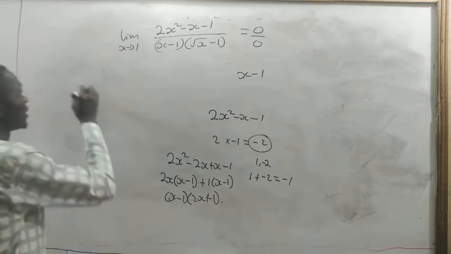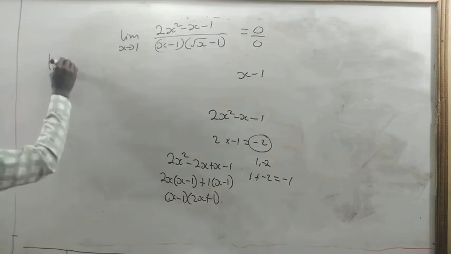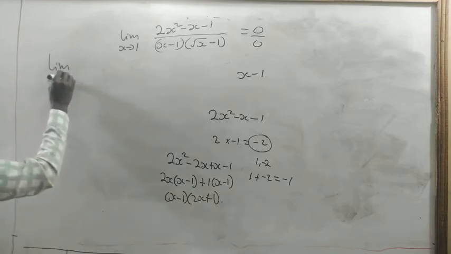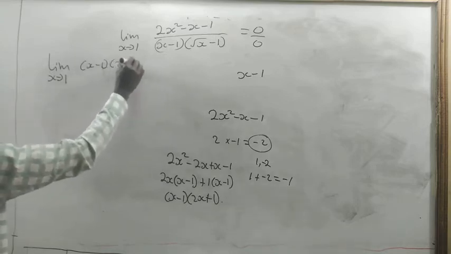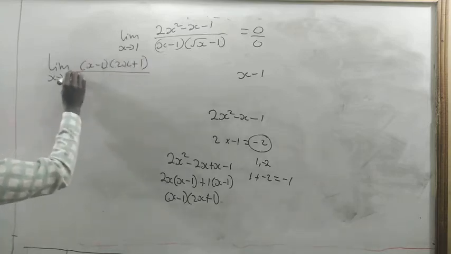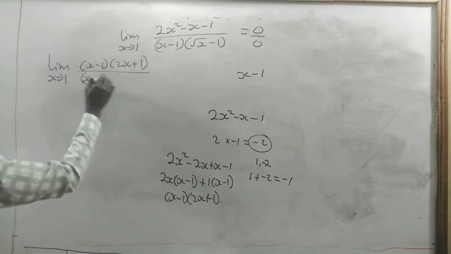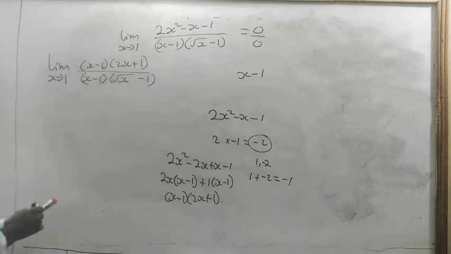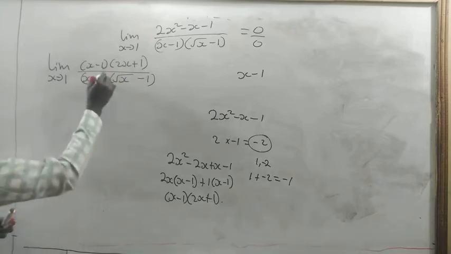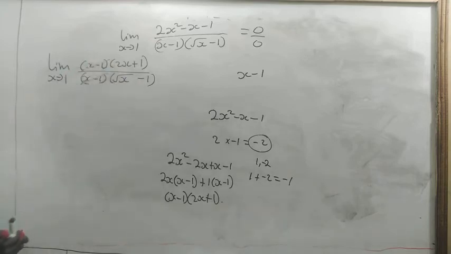So we are going to have the limit as x approaches 1 of x minus 1 times 2x plus 1, divided by x minus 1 times the square root of x minus 1. The common factor will go.